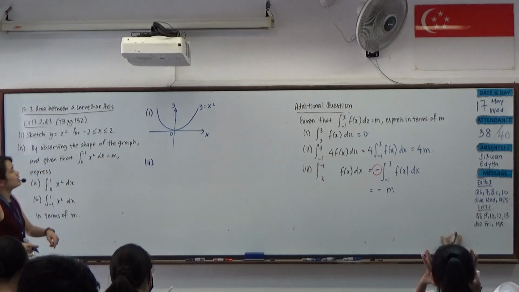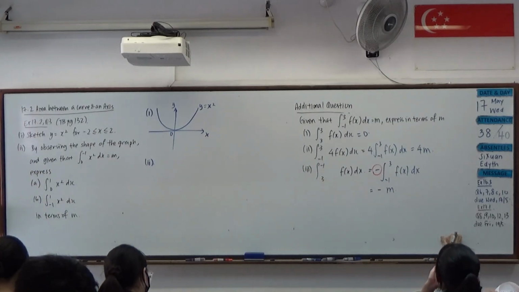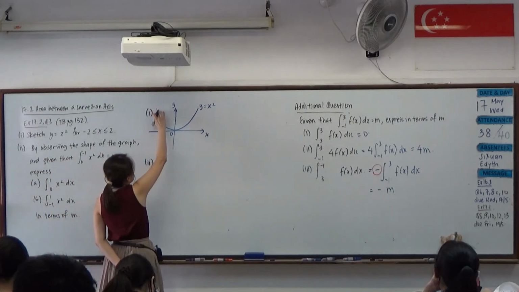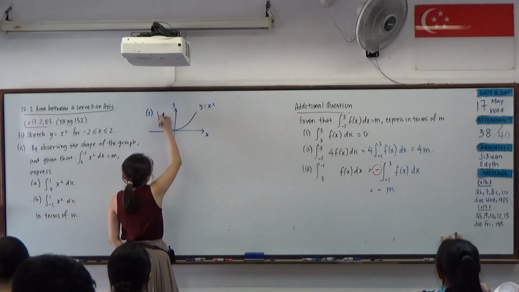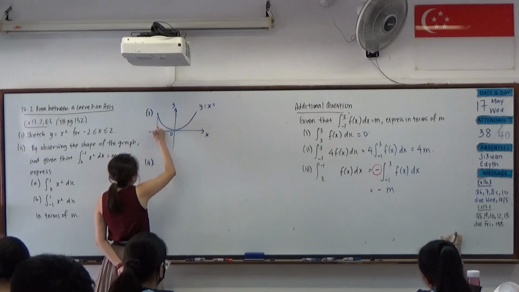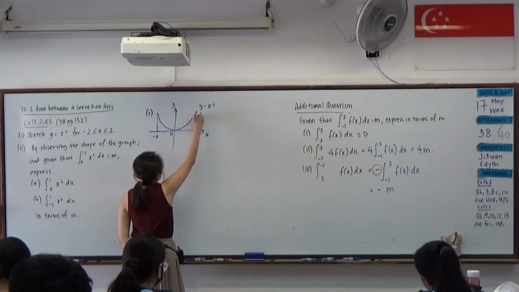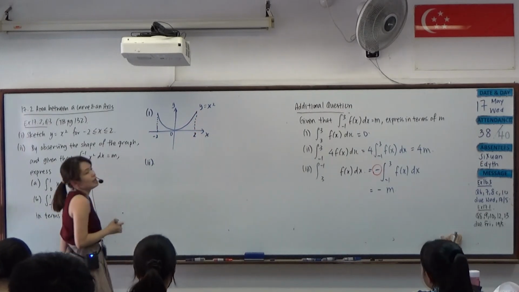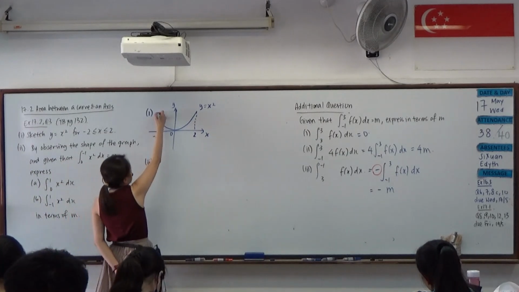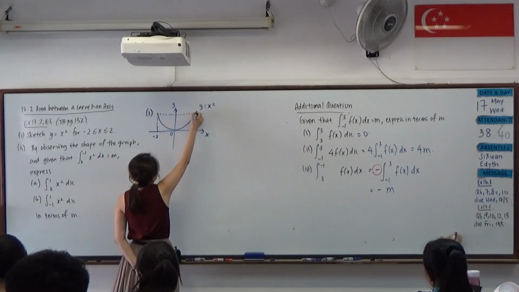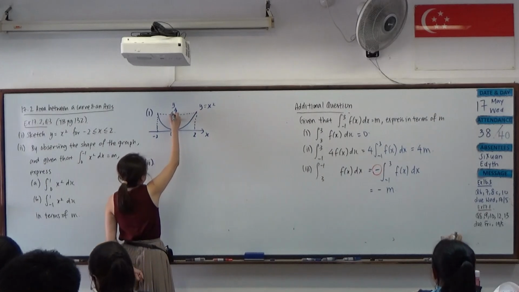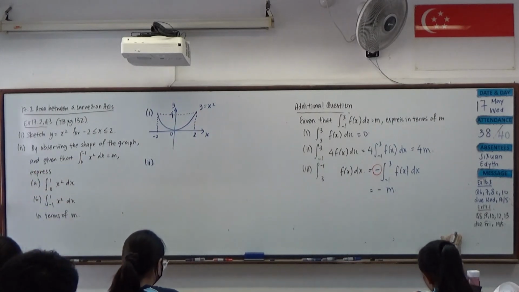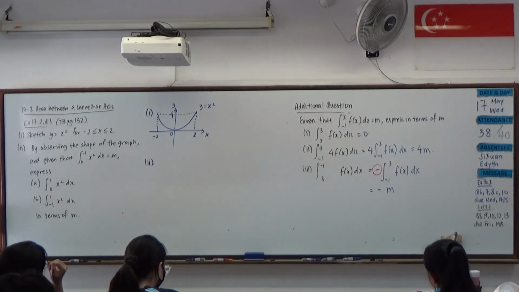But because the question mentioned that it is supposed to be a sketch from negative 2 to 2, we need to intentionally put in negative 2 to 2. And also the corresponding y coordinate, which will be equals to 4. So this will then constitute a complete sketch for part I.